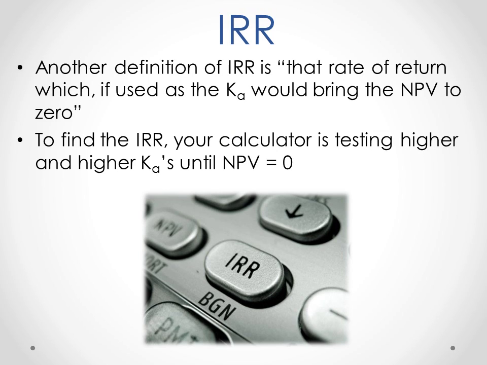To calculate the internal rate of return, or I should say not to calculate it, but another definition of the internal rate of return is that rate of return which, if you used that rate of return as the average cost of capital, it would bring your net present value to zero. Now, just picture with me a person jumping over a hurdle, and then he's frozen in place right above the hurdle. Well, obviously, there's a positive distance between his feet and the hurdle.